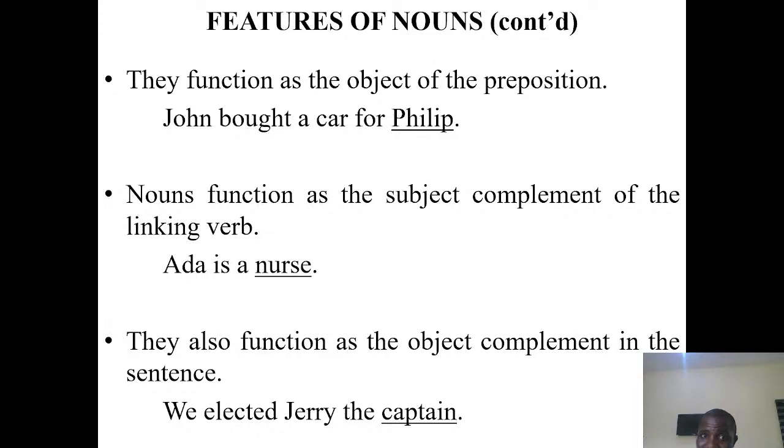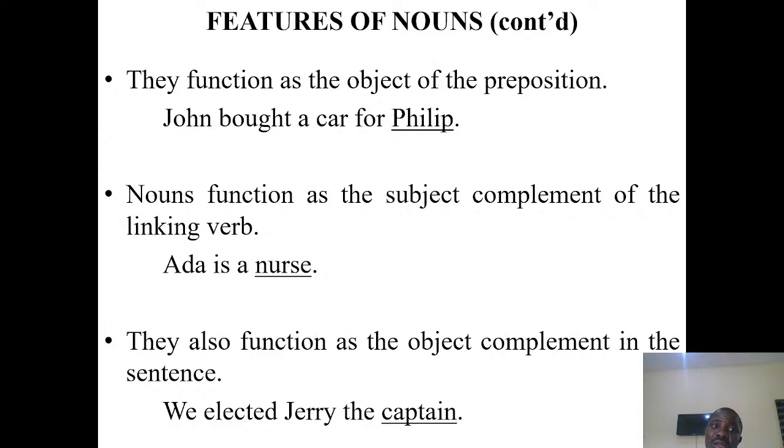The first object has a determiner placed before it. The second one, Philip, has a preposition placed before it. So whenever a preposition is placed before a noun, the noun functions as the object of the preposition, especially when it comes after a verb. Take note of that.